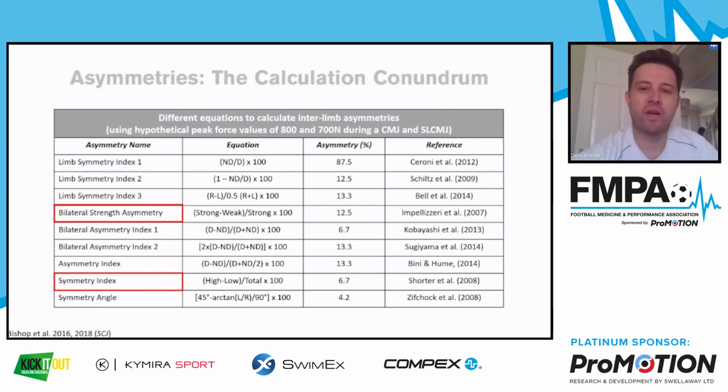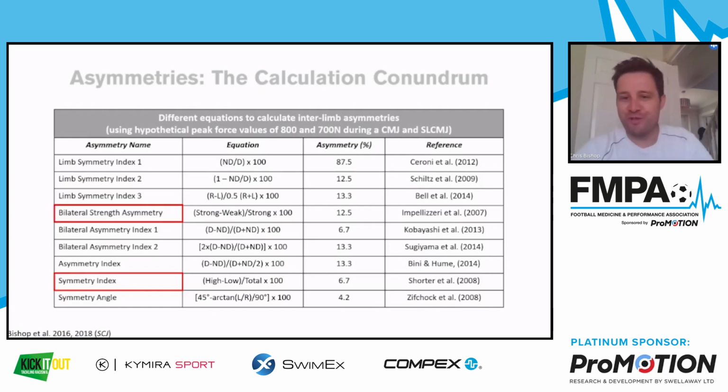So we don't now divide by 1500 newtons, we just divide by the larger value, which is exactly the same way that you would compute fractions. So symmetry index at the bottom for bilateral tests, and bilateral strength asymmetry for unilateral tests.